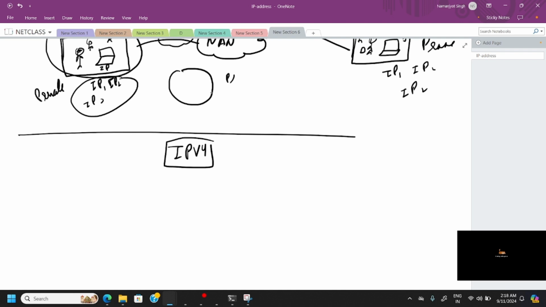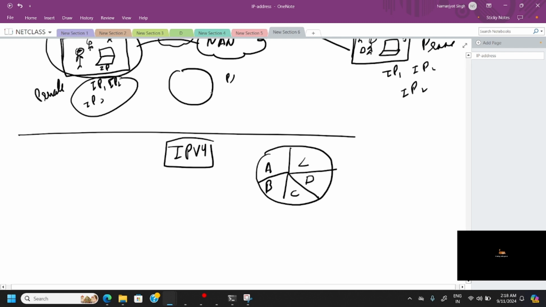So we divided IP addresses into classes A, B, C, D, and E, and again we divided A, B, C, let's say, into private and public, so that private can be used by everyone and public can be assigned. Public is a paid IP address, let's say, that is assigned by the ISP.